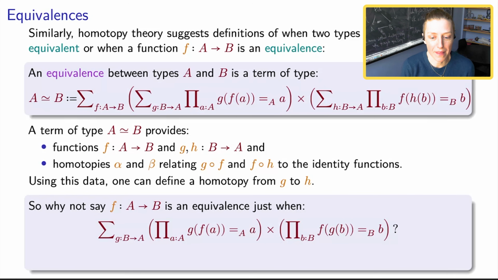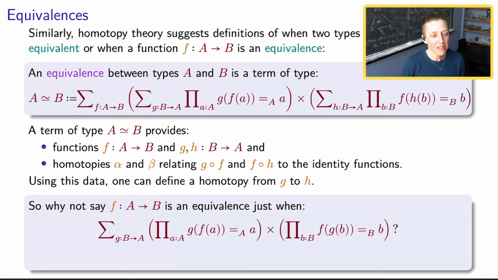The definition that's closer to the one used in algebraic topology is the following. To say that f is an equivalence means just that there's a single function g going in the other direction that's both left and right homotopic, so that g composed f is the identity and f composed g is the identity. This is the definition that you would expect.